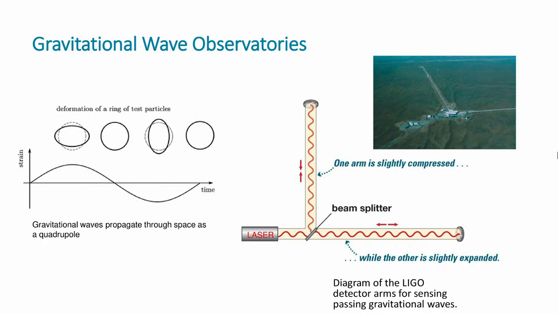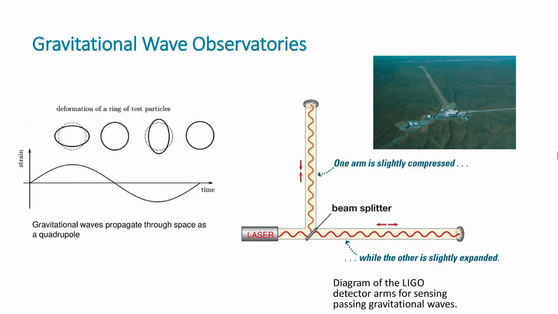But if a gravitational wave goes past, one of these arms can be lengthened and the other one can be contracted, and so the time that it would take for this light to travel down the arms of the interferometer is now different. So by measuring a difference in the length of the arms of your observatory, you can detect the gravitational wave.